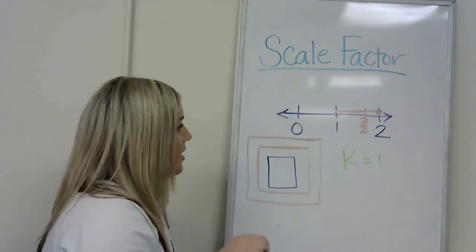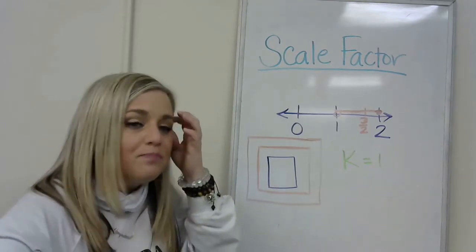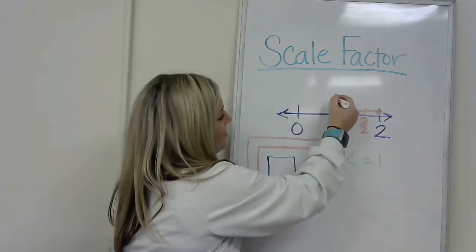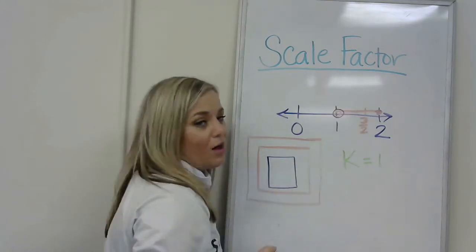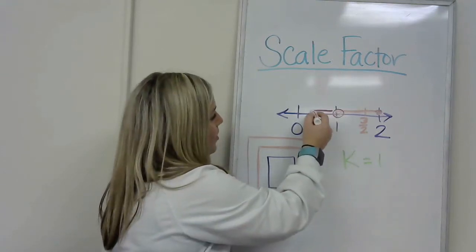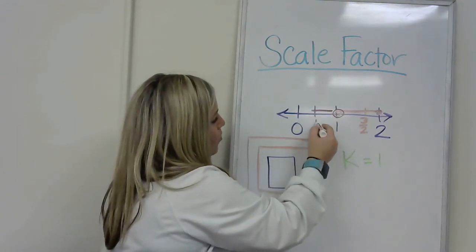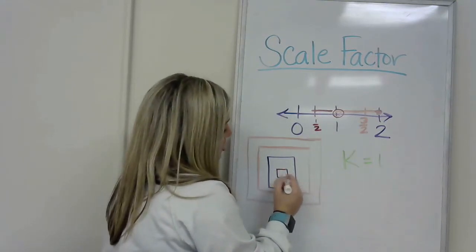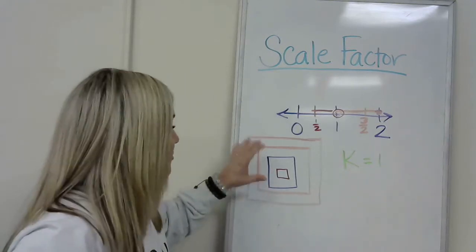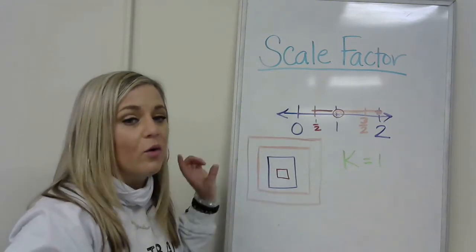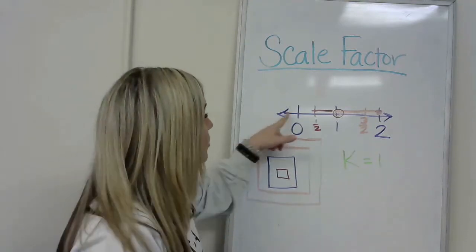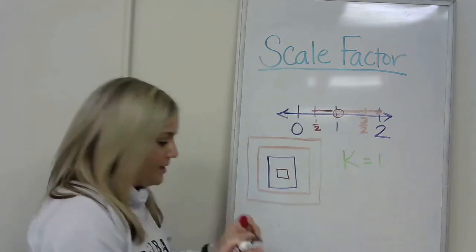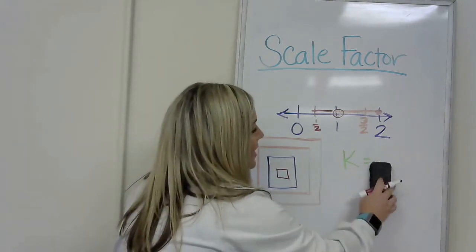Now, if we were to make the scale factor smaller than 1, so let's say we go, I don't know, to 1/2, that would mean that my square or my shape, whatever it is, is half the size of the original one. Okay, now I do want to let you know that you cannot have a scale factor of 0. If you go to 0, that shape is non-existent.